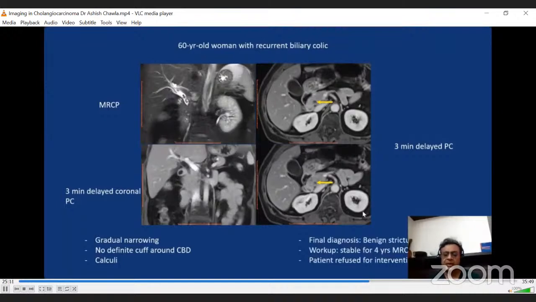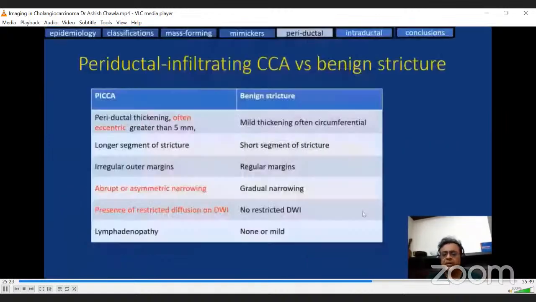This patient was stable for 4 years. No ERCP was done, and we concluded that there is no malignancy in this patient. So the question our clinician asked was whether the bile duct stricture is benign or malignant.